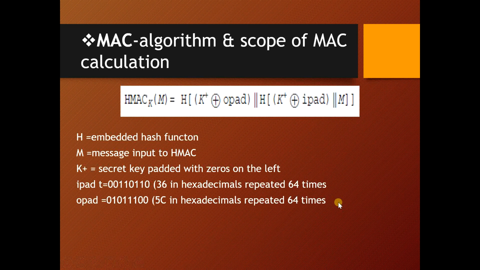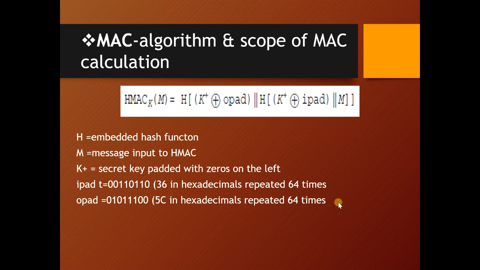So if you see here, the values of the hexadecimal 36 and 5C are the same as those of the SSL that we have seen earlier. So the MAC calculation and the padding bits in hexadecimal are the same.